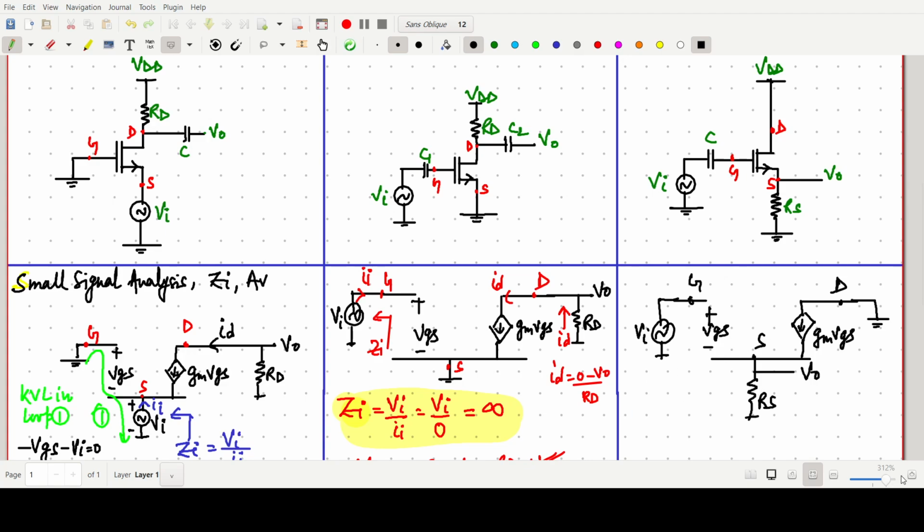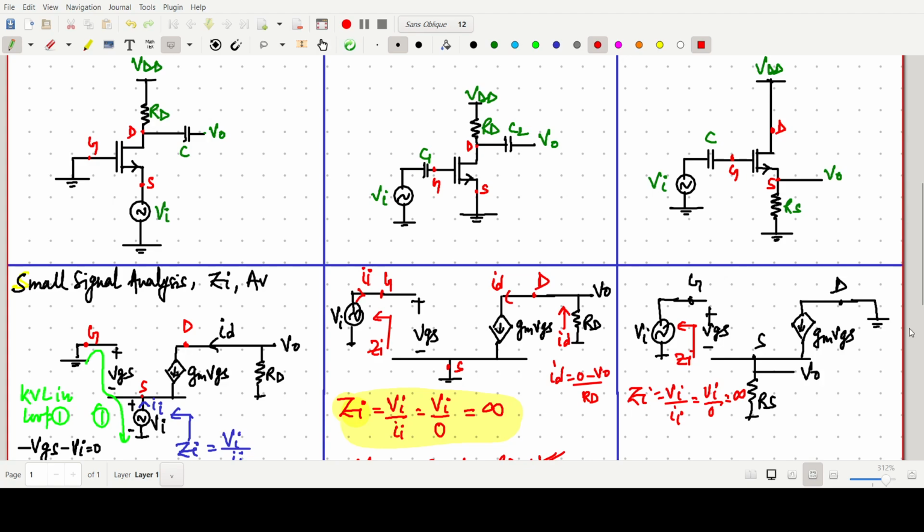So this one is the circuit. Here also we can say the input impedance will be infinity. Zi equals Vi by Ii, Ii is 0. Vi by 0 is infinity because the circuit is not closed.